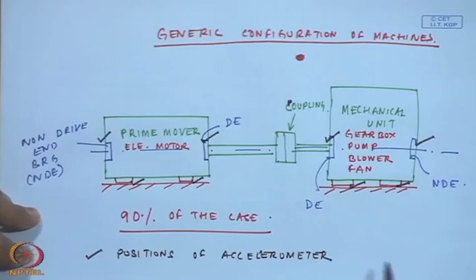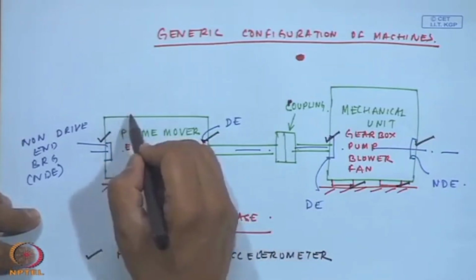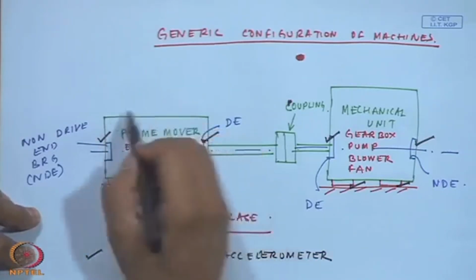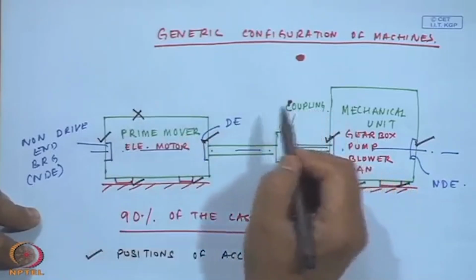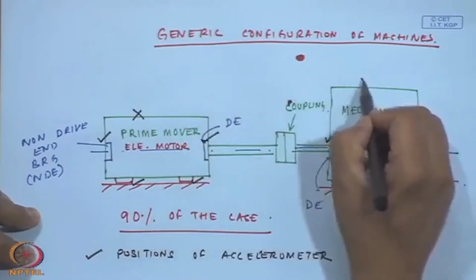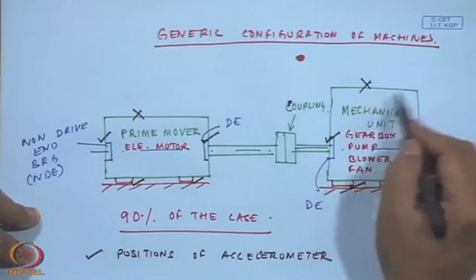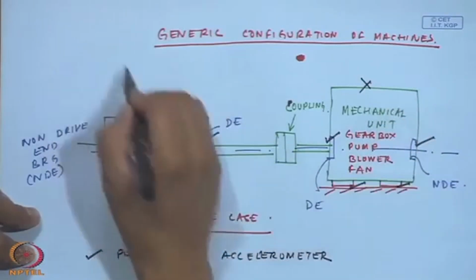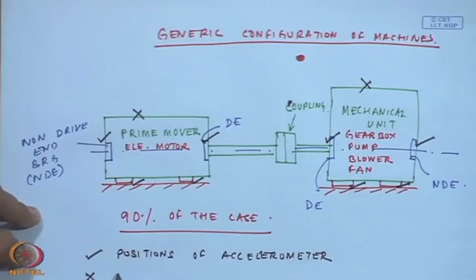We should definitely avoid places like this casing, just to put it here because it is easily accessible, you just put one accelerometer here. These are not the good places. Okay. Not desirable.